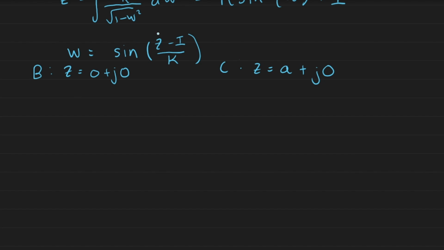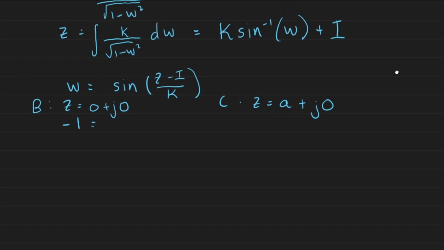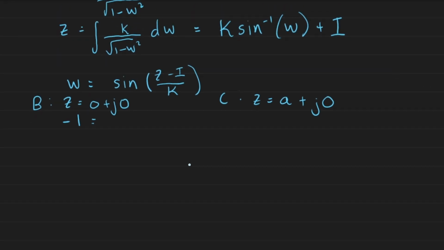So we had w is equal to sine of (z minus i) over k. So w is equal to actually minus 1. Okay, w is equal to minus 1. Remember that this is the value of u1. u1 is equal to minus 1. Then we had sine of (0 minus i) divided by k.